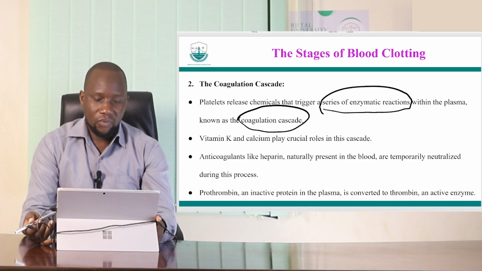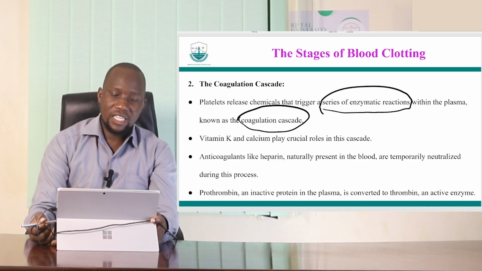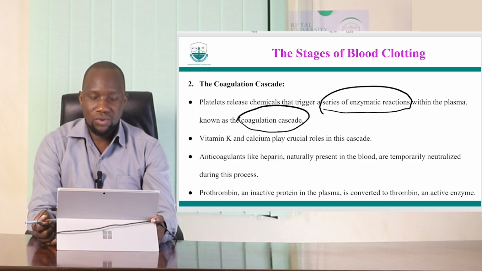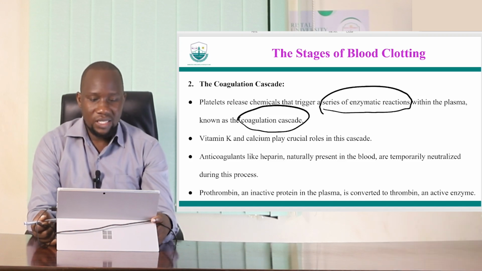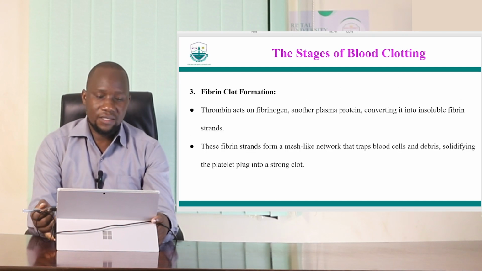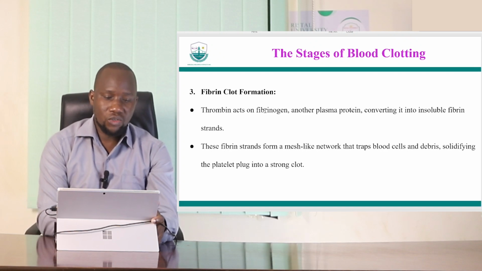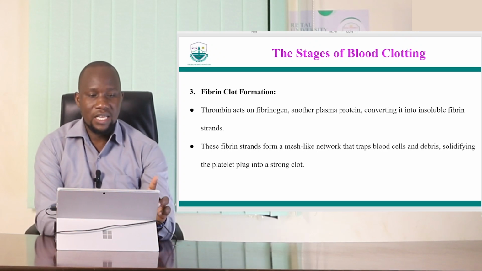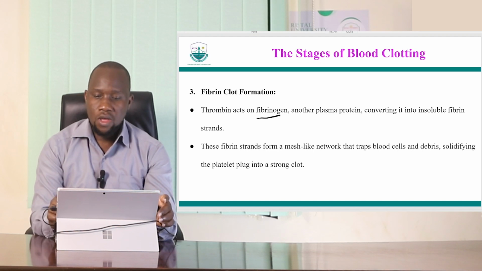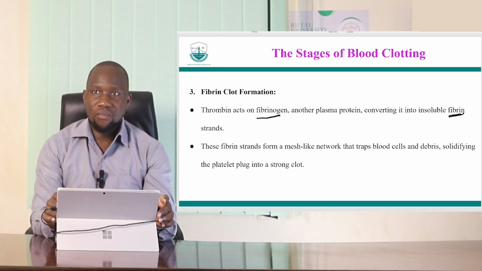And then prothrombin, which is an inactive protein in the plasma, we can call it a plasma protein, is now converted into thrombin, which is now an active enzyme that can convert fibrinogen, which we talked about earlier, that it is an inactive protein, so it has to be converted into an active one, fibrin.